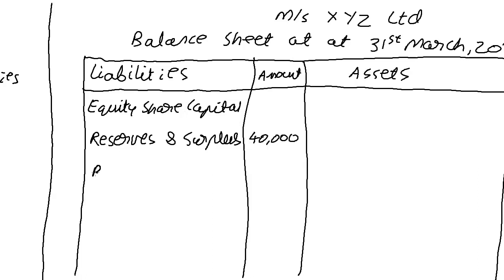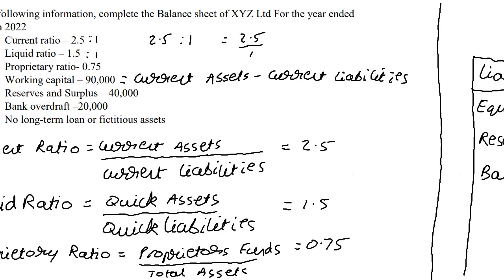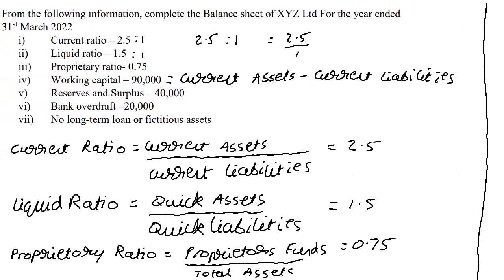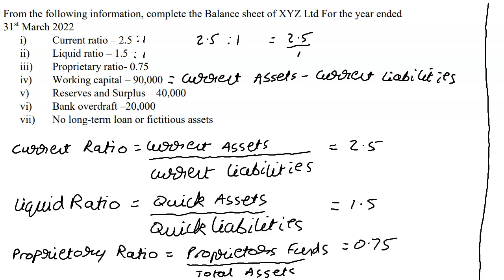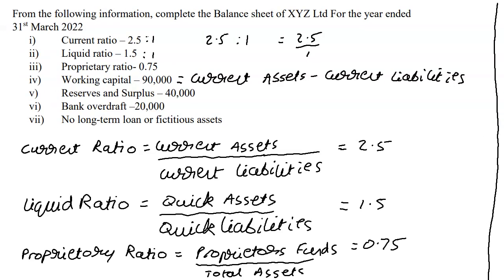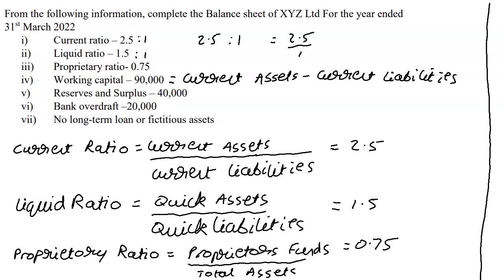Bank overdraft 20,000. What else do we need? We do not have any other number directly given to us, so we can start solving.